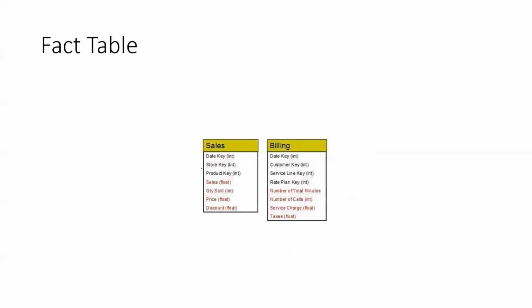In a data mart, there may be two kinds of tables. One is called the fact table, another one is called dimension. The fact table contains those facts, in red color you can see, and the topmost things are keys. The keys may be the primary key for that particular table, and the other keys are foreign keys for another dimension table.